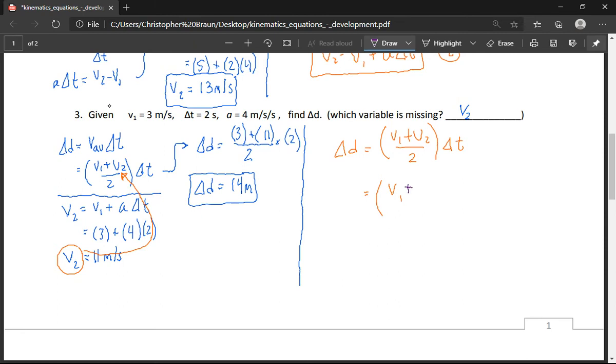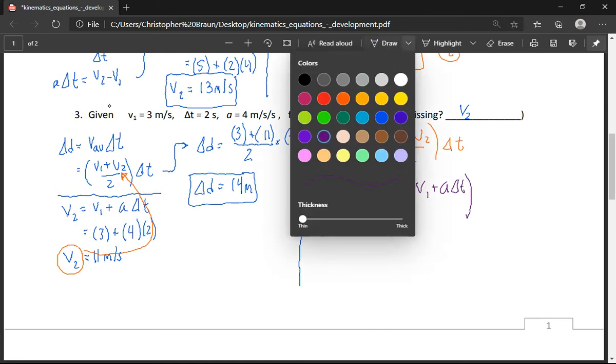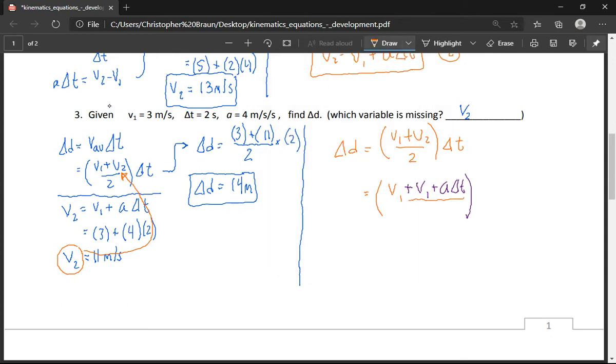And then we just write, well, v2 is really v1 plus a delta t. And all of this stays over 2. And then there's still the delta t. So notice what we did. All we said was we substituted v2 with v1 plus a delta t. Okay, well, what's v1 plus v1? Well, there's 2 v1s.